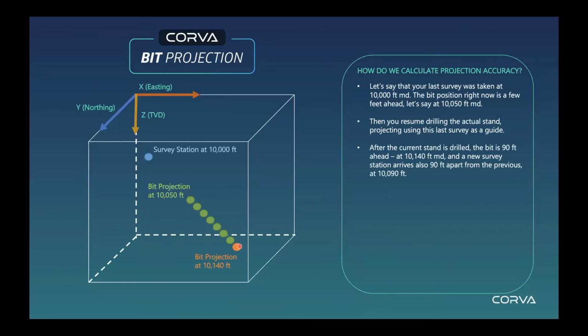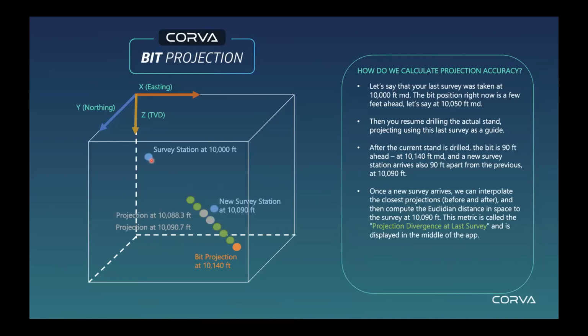Then we're collecting all this data on the back end. We know where the bit is, and we know where the last survey was. When the rig drills that stand down, makes a connection, and they get a new survey, we will go in as soon as we see that survey, and calculate algorithmically the closest two projection data points to the survey.